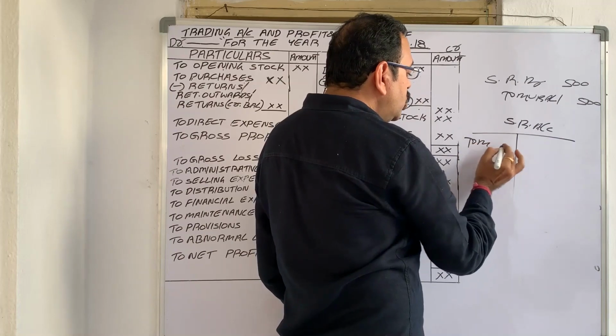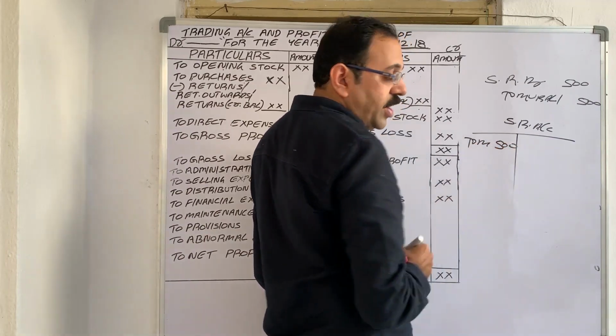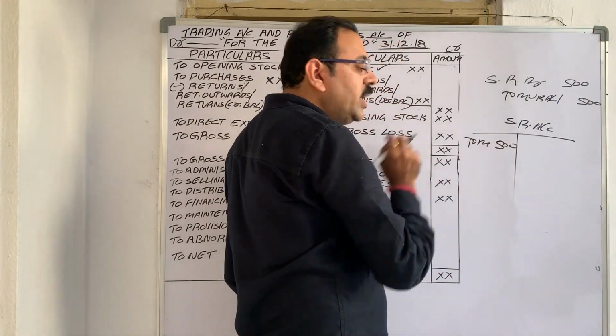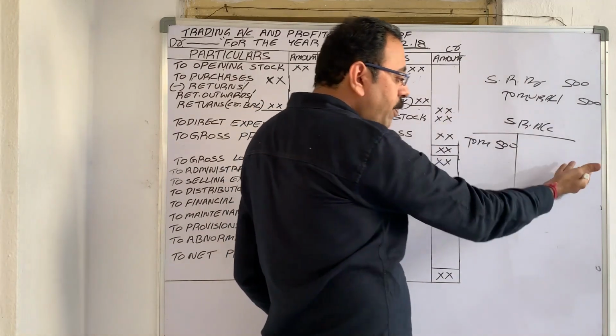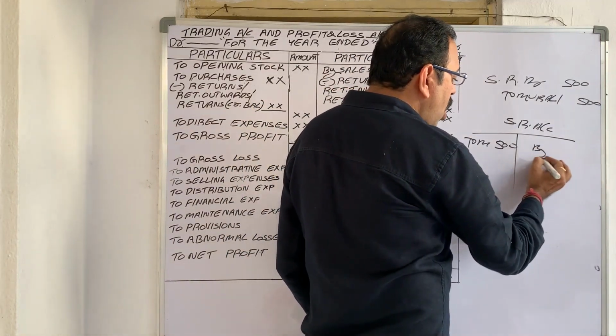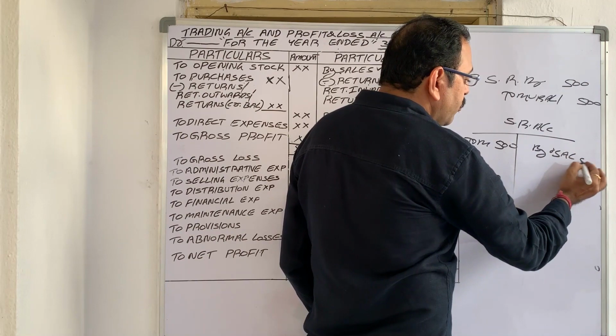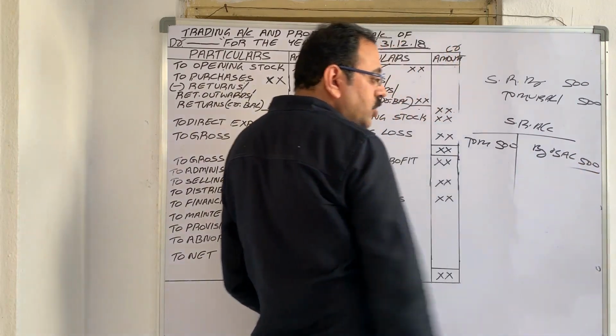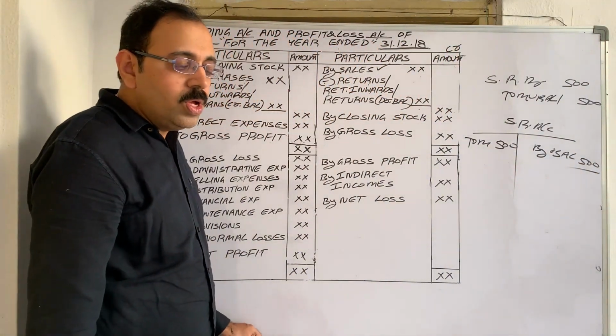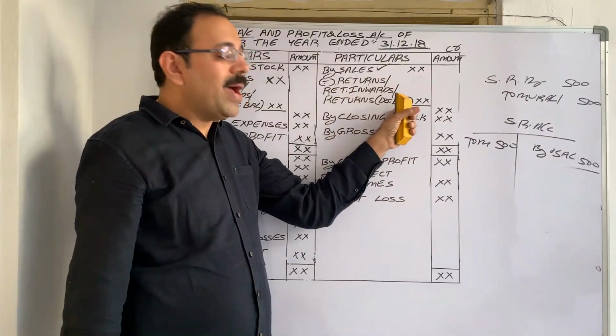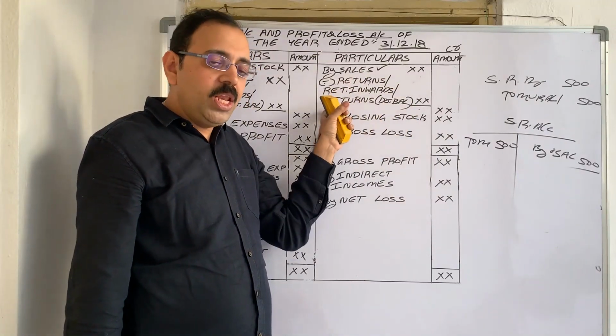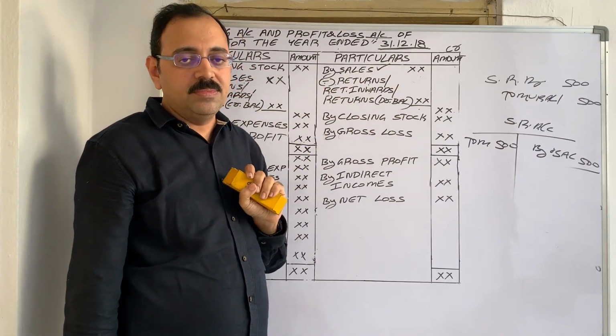Debit side, to Murali 500. If this is the only transaction, then where does the balance carried down come? On the credit side, 500. This balance is known as a debit balance. So whenever returns debit balance is given, the meaning of that is sales returns.